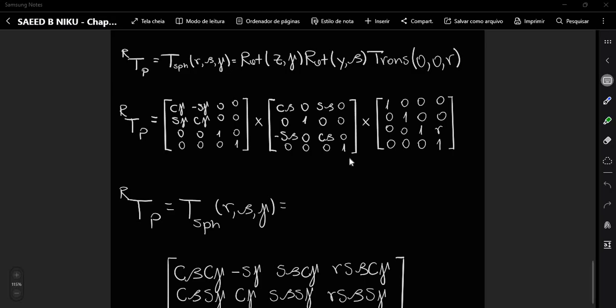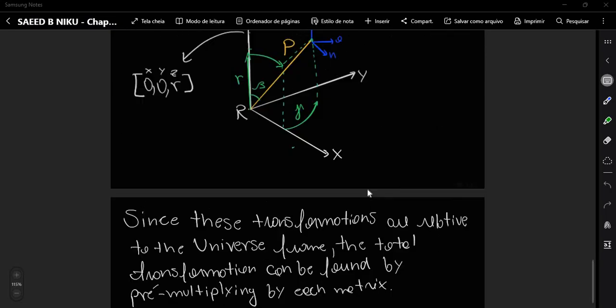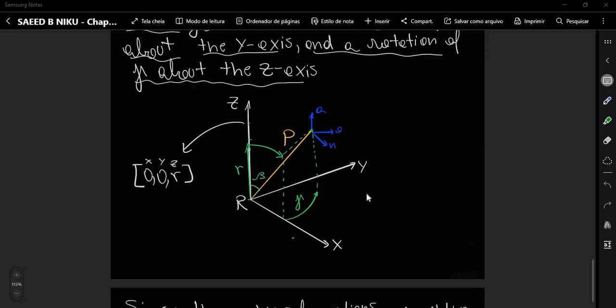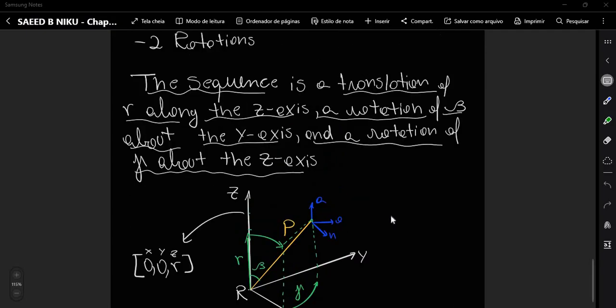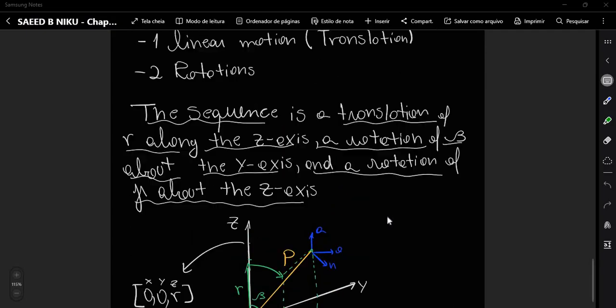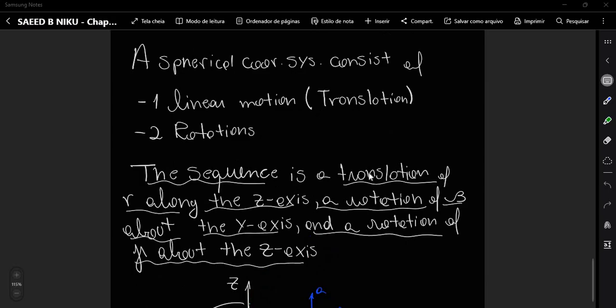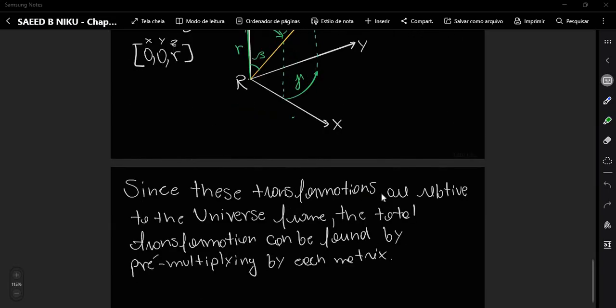So I wanted to show to you how you can do it as well, and also add something about this intro in spherical coordinates. So let's do it.